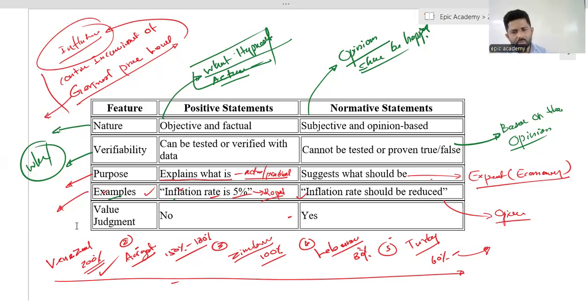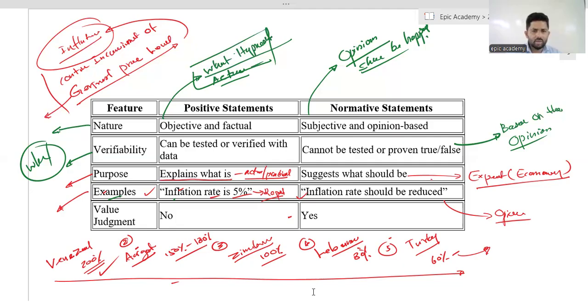But a normative statement is created by persons, and it belongs to value judgment. You can do the value judgment by using that statement because what people expect from the economy is described in the normative statement. Right.